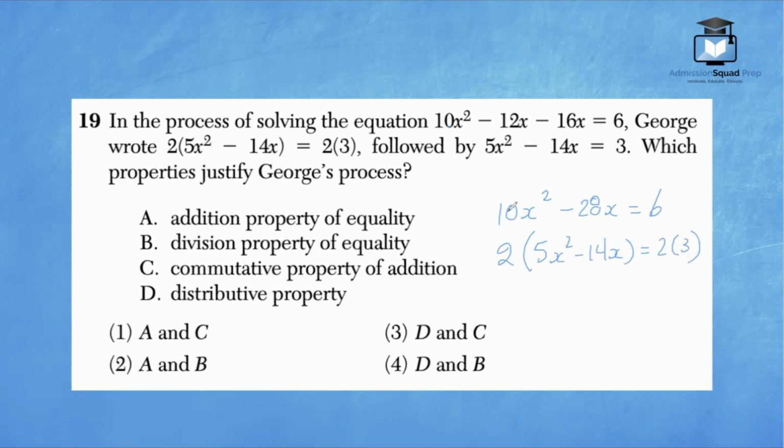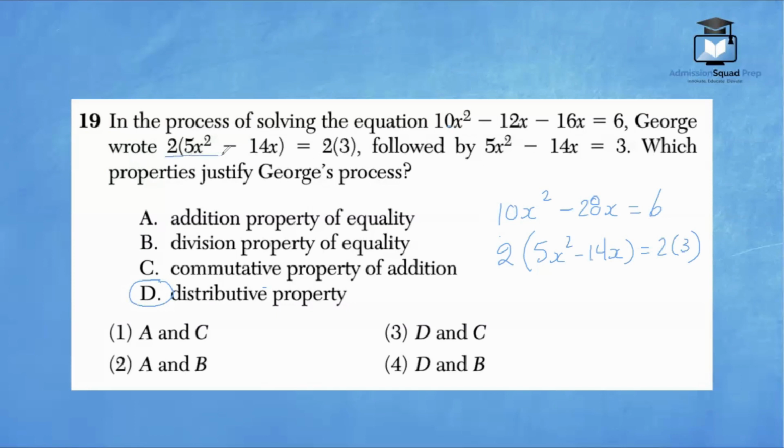So this is basically the distributive property in reverse, right? If we were to multiply, we would go ahead and get the 10x squared minus 28x. But by factoring out the GCF, it's just the reverse of the distributive property. So that's one of the properties that can justify George's process, the distributive property. The next property is, I noticed there are 2's here, and then those 2's somehow disappear.